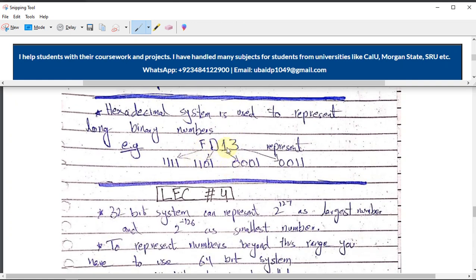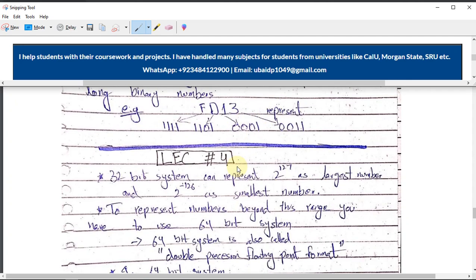So we use the hexadecimal number system because every digit in hexadecimal represents 4 bits of binary, right? So FD13 represents this large string of binary numbers, right?